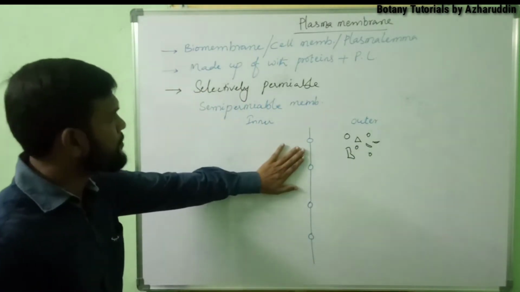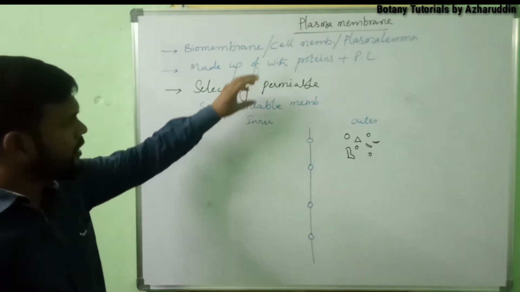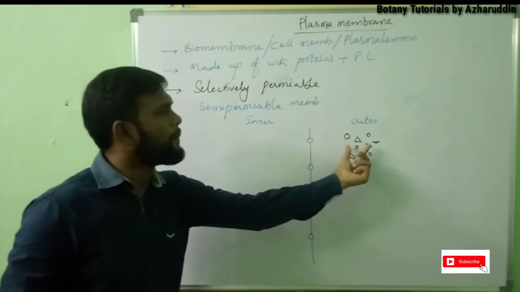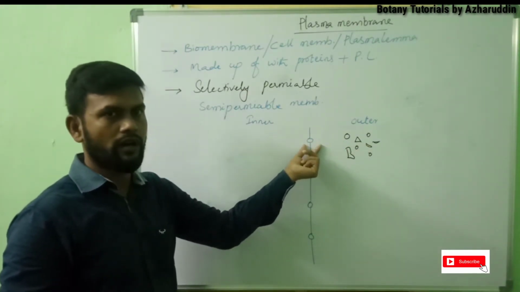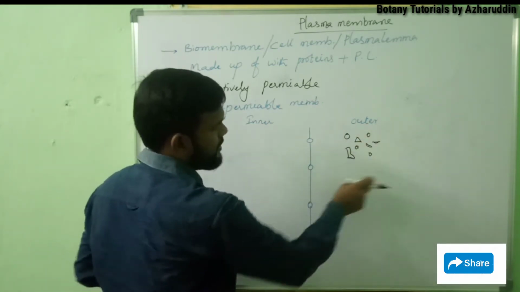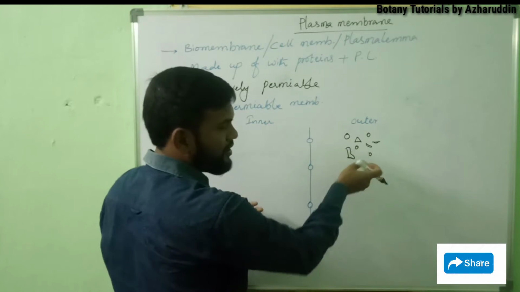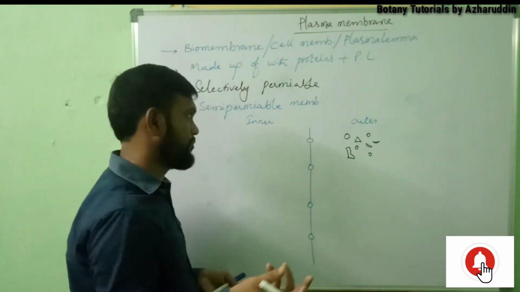When the plasma membrane acts as a semi-permeable membrane, it allows the particles according to the pore size. Outside the cell, a number of particles are present, different in size and shape.